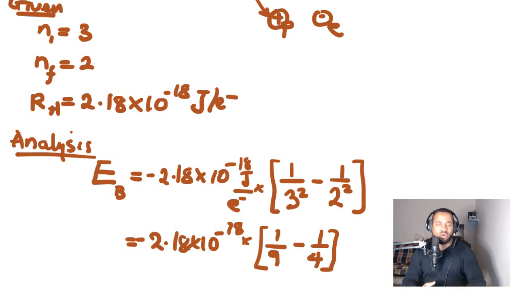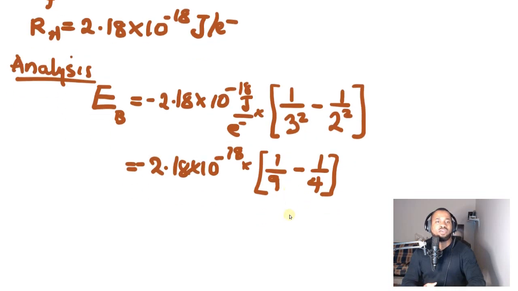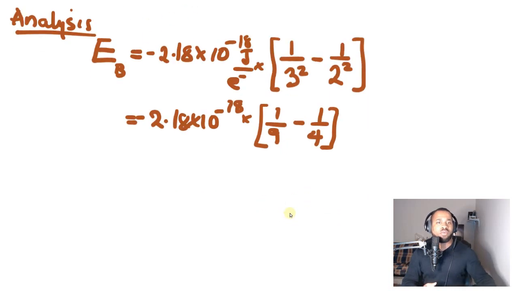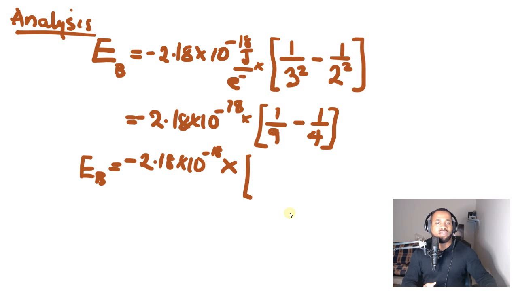And so therefore, once you solve all this, you'll be able to come up with your energy for B, which is equal to negative 2.18 times 10 to the 18 times, finding the common denominator and then getting your numerators together.